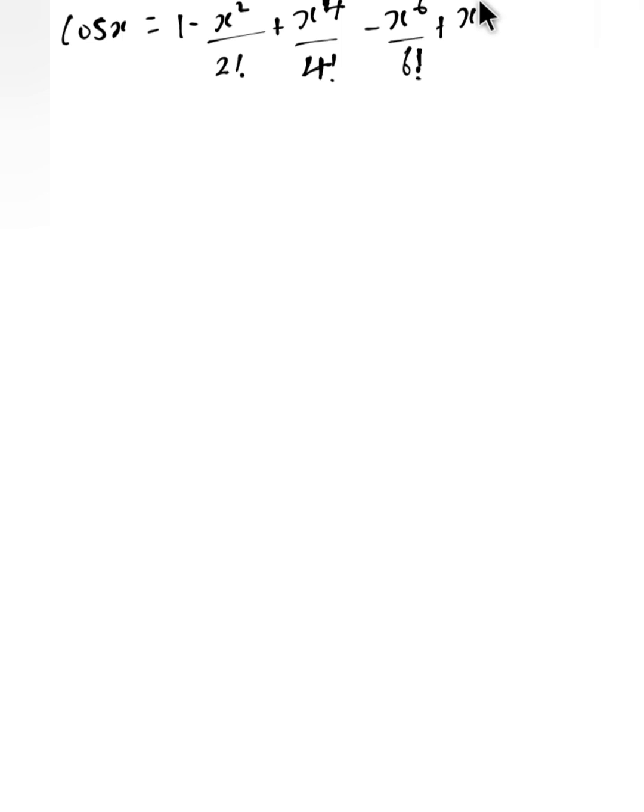Okay, so cos x is equal to 1 minus x to the power 2 over 2 factorial plus x to the power 4 over 4 factorial minus x to the power 6 over 6 factorial plus x to the power 8 over 8 factorial, and the list keeps on going. So obviously we can write the next terms.